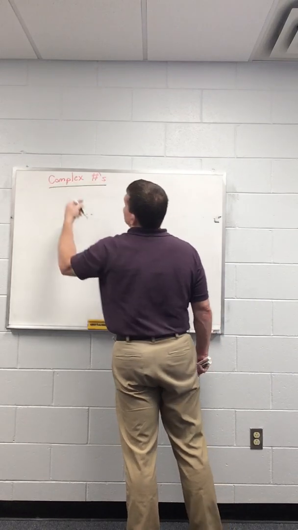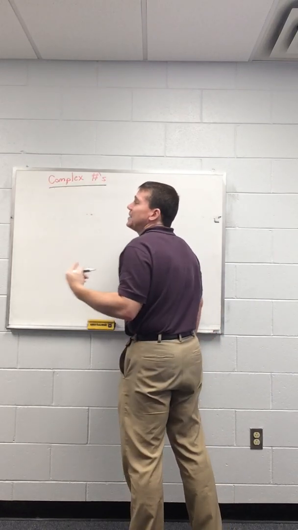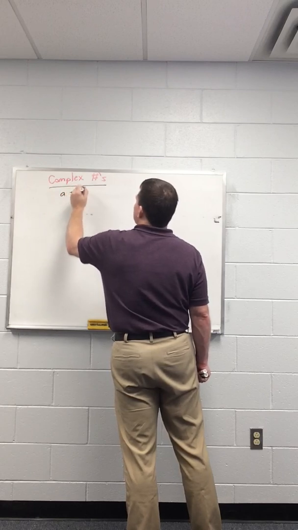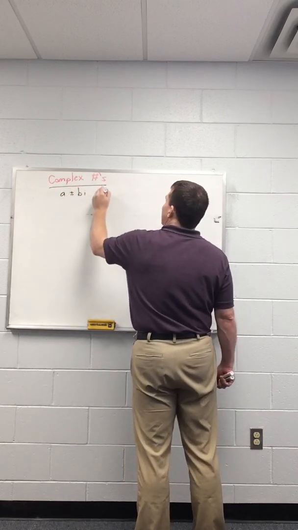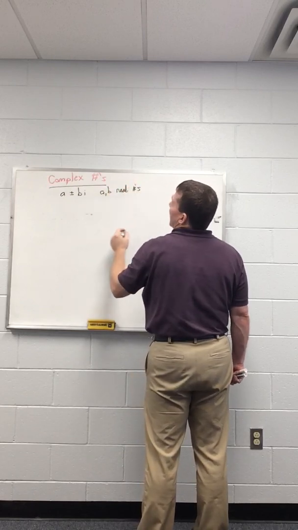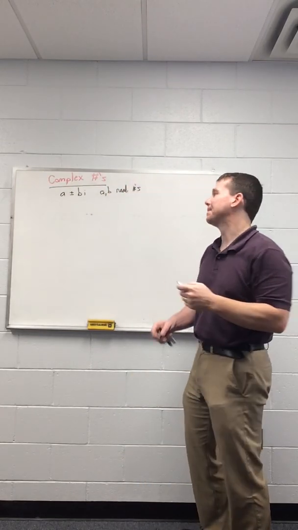The way it works is, for complex numbers, there's a standard form for writing them. We say a plus or minus bi, where a and b are real numbers, and i is that imaginary i.